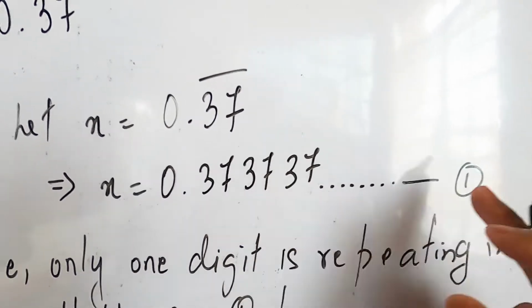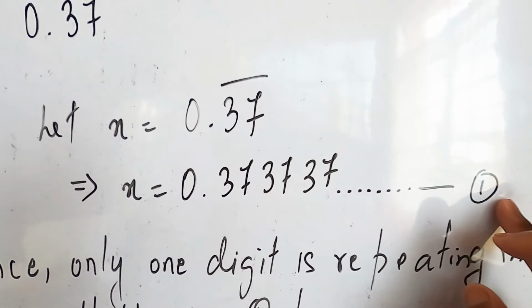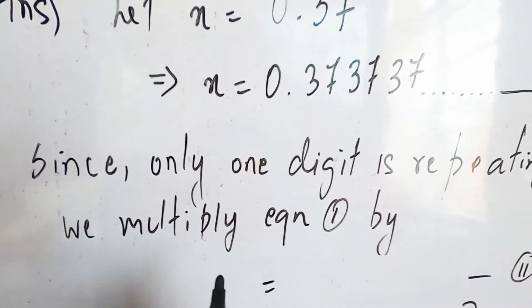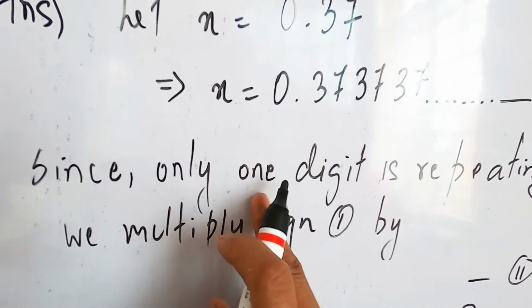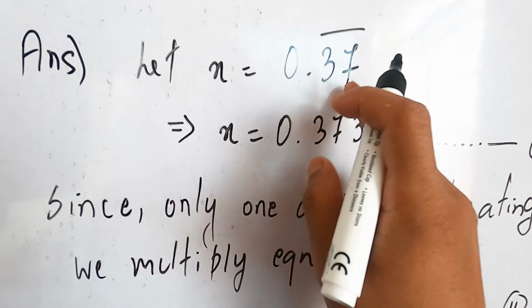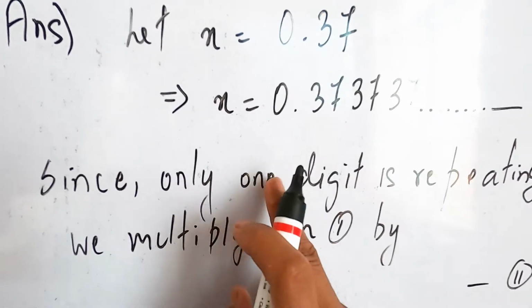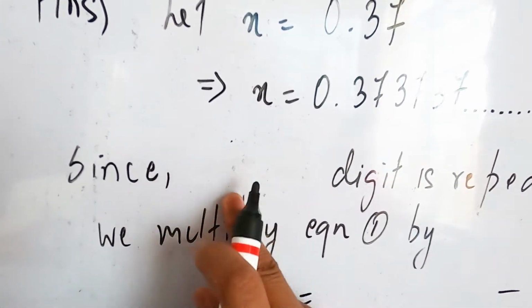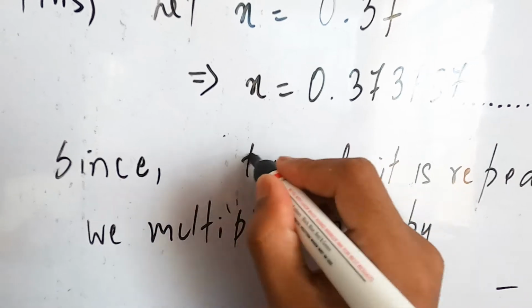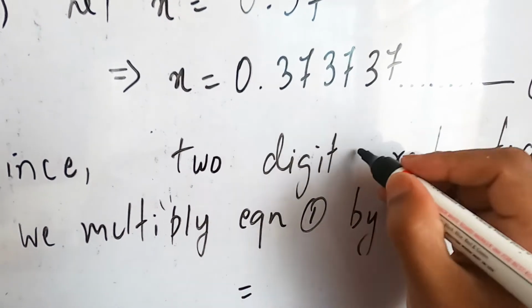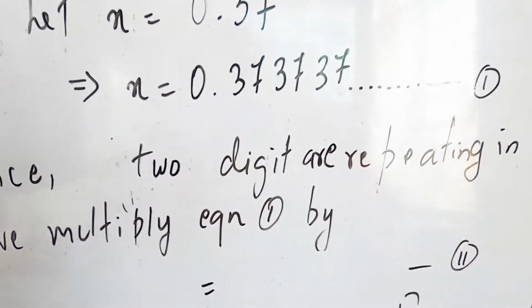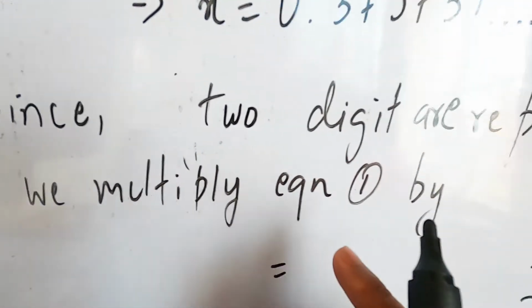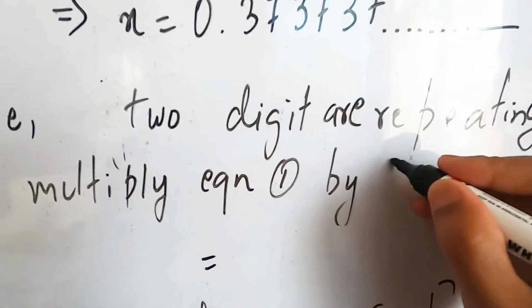We name this equation 1, exactly the same as question number 3, since only one digit was repeating there. But in this case, two digits are repeating. Since two digits are repeating in the decimal, we multiply equation 1 by 100.